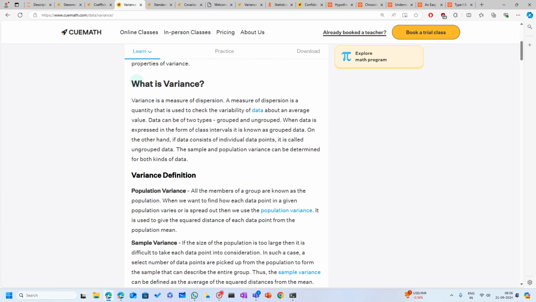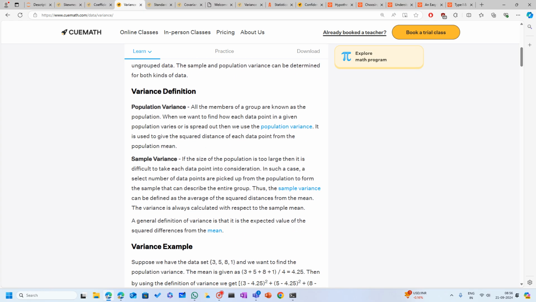Okay. So variance is nothing but the measure of dispersion, how well your data is spread across various values. And when we talk about variance, we have to talk about population and sample as two separate things. The reason being, population nobody can measure.